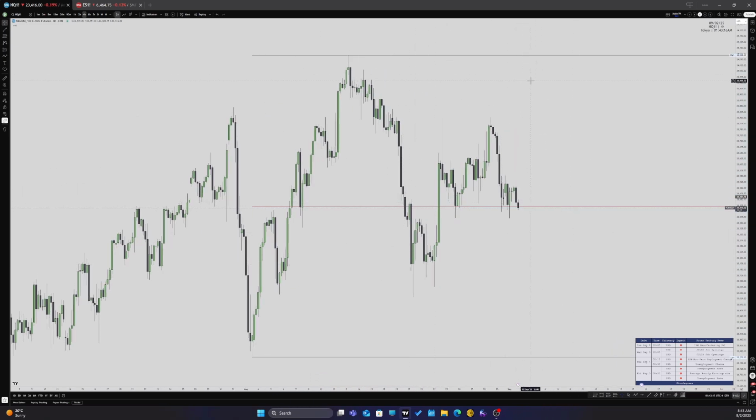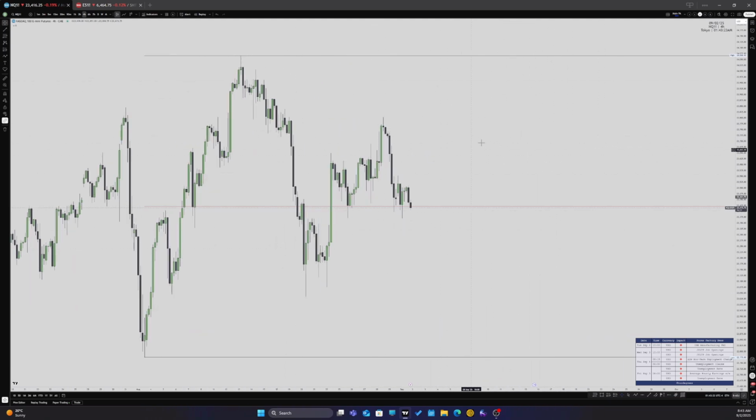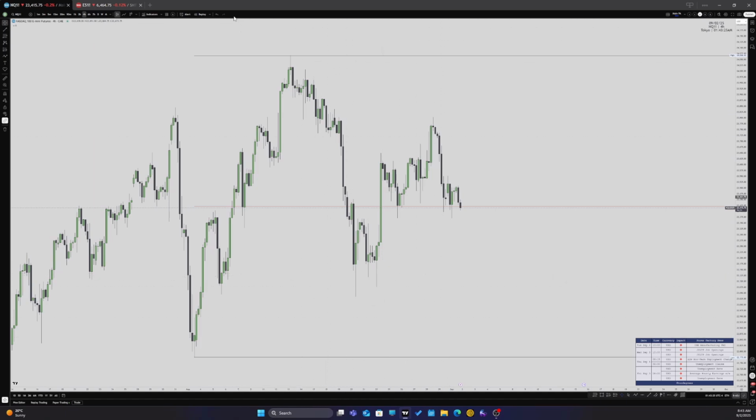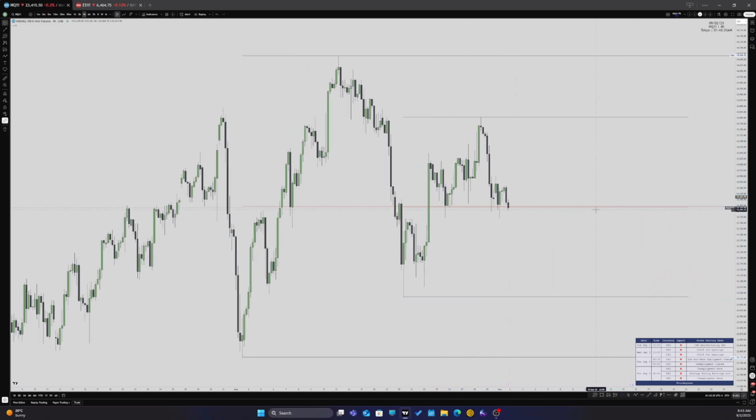I see that I have weak lows on both sides. Now, with that in mind, I can actually draw this range. And what happens here? We are at equilibrium inside this range.